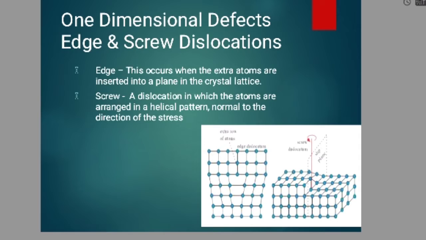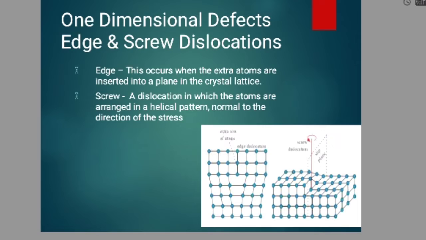Now we can go through one-dimensional defects. As you have already seen, edge and screw are categorized as dislocations. Edge dislocation occurs when extra atoms are inserted into a plane in the crystal lattice. You can see over there in the diagram, 3 atoms are represented.